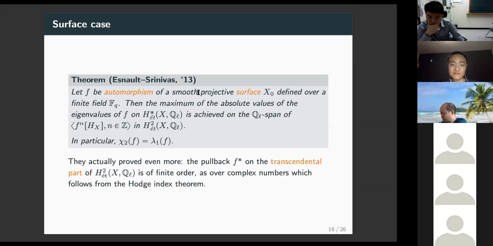For K3 surfaces and abelian surfaces, they use some results related to the Tate conjecture. So it's not easy to get their result, and for abelian surfaces they also use the Tate conjecture. So I think their proof is not trivial.